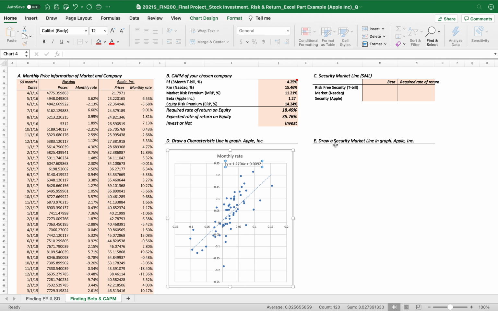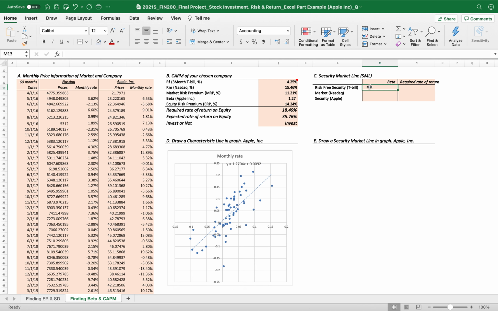Also, we can draw a security market line in a graph. First, we need to collect the beta and the risk-free rate. Then what is the required rate of return? The required rate of return of the risk-free rate we can calculate this way: the risk-free rate plus the market rate minus the RF, which is the market risk premium, times beta. Then what is the beta of the RF?